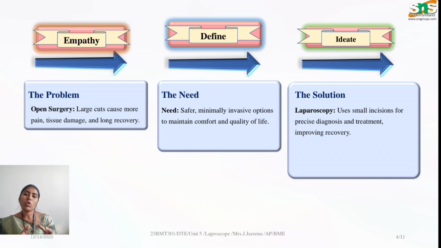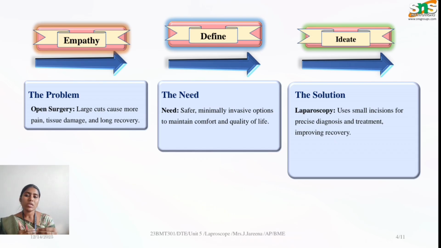The solution we need is something very safe, and if possible non-invasive is recommended, or we can go with minimally invasive options to maintain the comfort of the patient and improve the quality of life. This is where laparoscopy comes in, which is one type of endoscope.